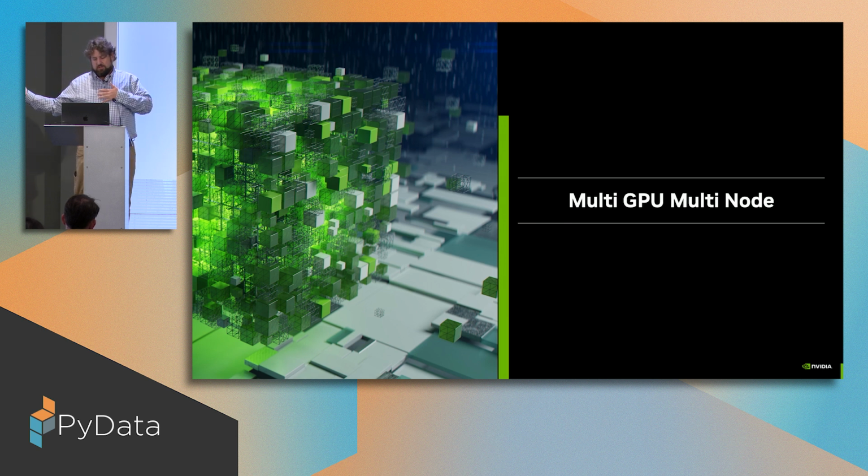Just like in Python, if I go from a single core to multi-core, we saw the free threading talk earlier, there are different considerations that occur. Mainly, how do you distribute your data across these different nodes and then across the different GPUs?